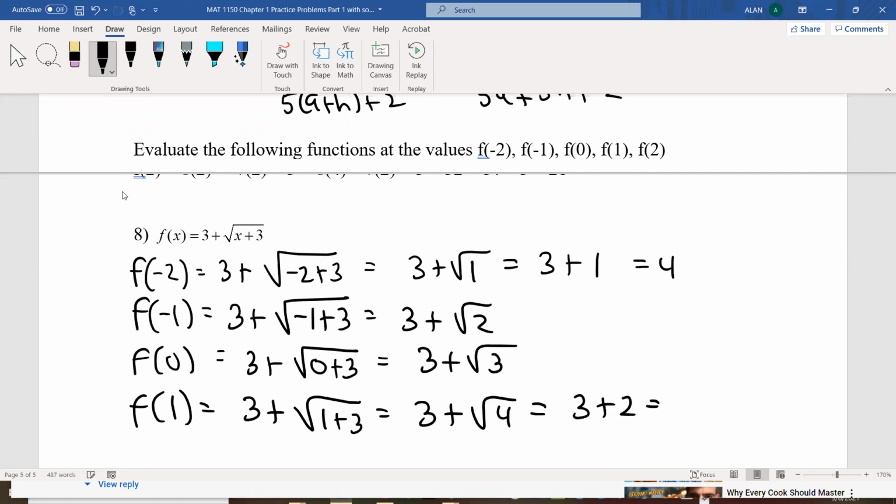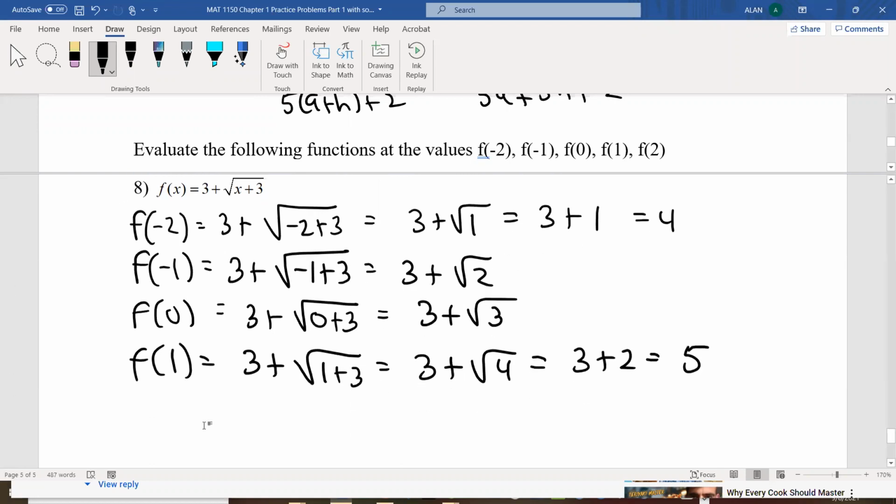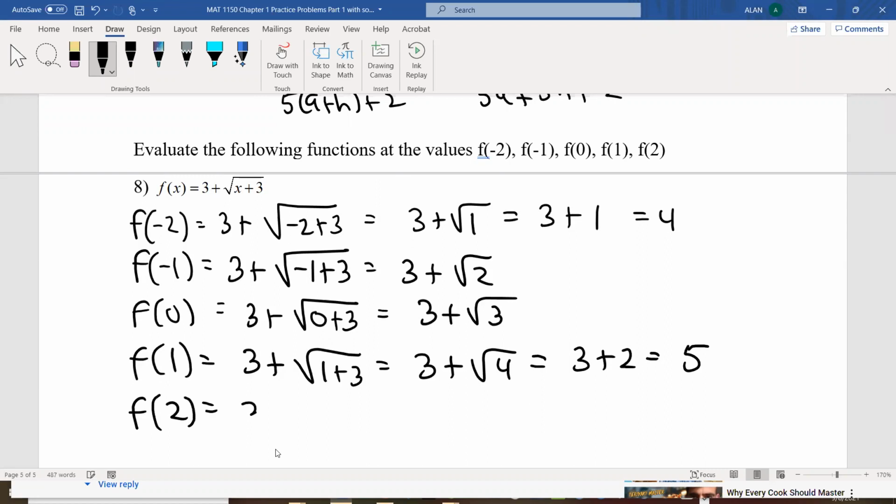You can reduce this to 5, which is kind of nice. And then finally, at long last, we're almost done. F of 2. Again, this is one of those cases where there's nothing we can do to simplify it. It's simply 3 plus radical 5.